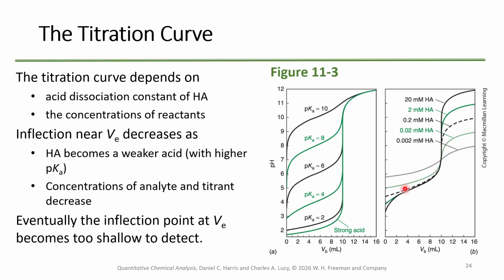There's going to be a lot less difference in that maximum pH versus your initial pH. And so as you get to small enough amounts, you're going to have, again, a very minimal inflection point. It's going to be very shallow, and it's going to be very difficult to detect, if it is even possible to detect it, to be honest.